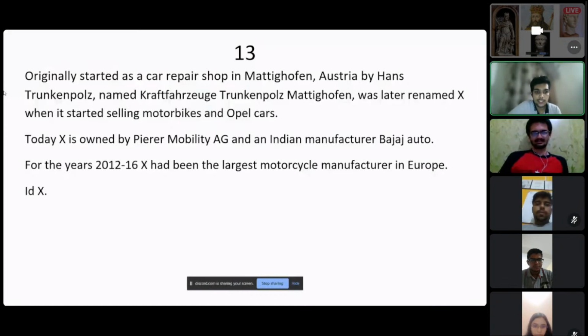For the years 2012 to 16, X had been the largest motorcycle manufacturer in Europe. Identify X, it is a motorcycle manufacturer.